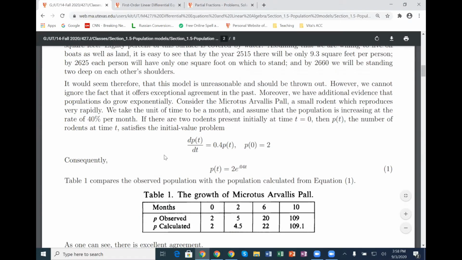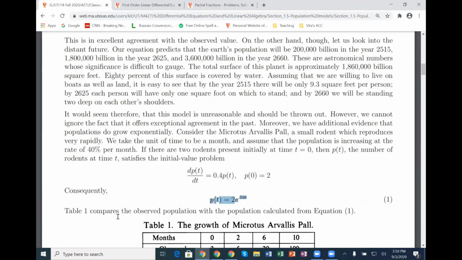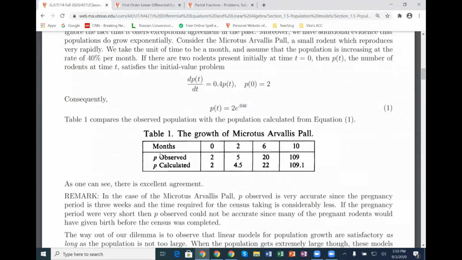I have one quick question. Yes. Why is it e to the 0.04t instead of e to the 0.4t? Yes, so this is an error. Instead of 0.04 it should be 0.4. Thank you. And now let us compare observed values with calculated values for t equal to 0, 2, 6, and 10.